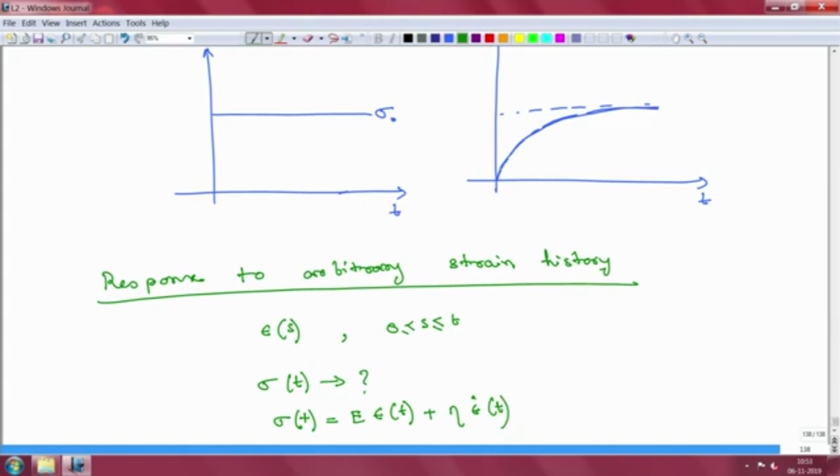So, given an arbitrary strain history, all you need to do to find the current value of stress is simply compute this. You can just directly find it. If you are given this functional form, you just plug it in here and compute it directly. So this is really easy in that sense.